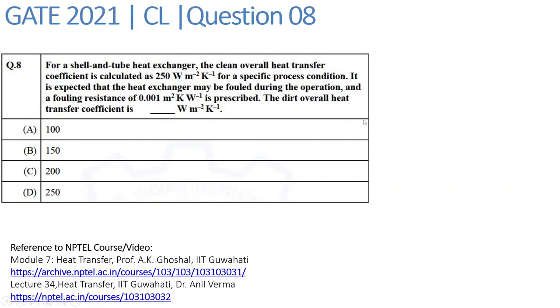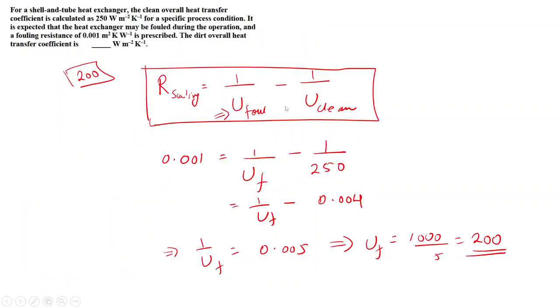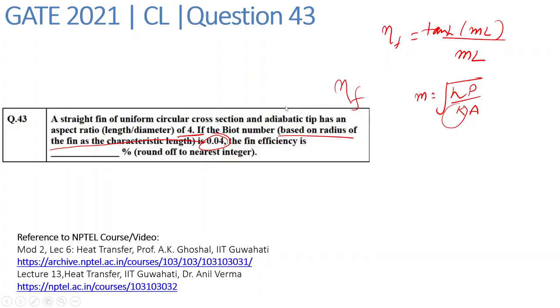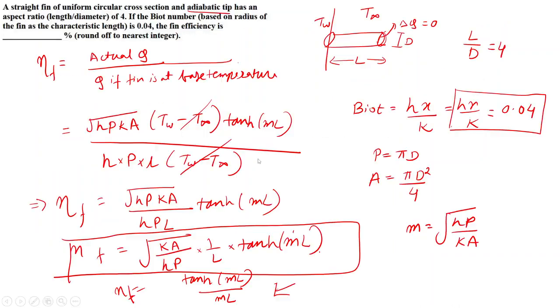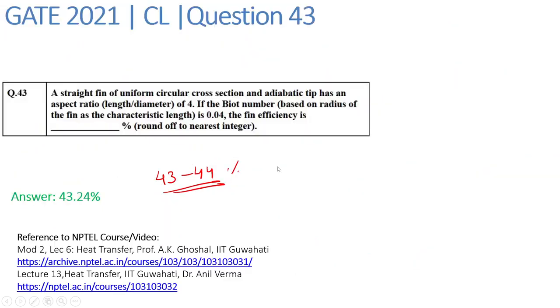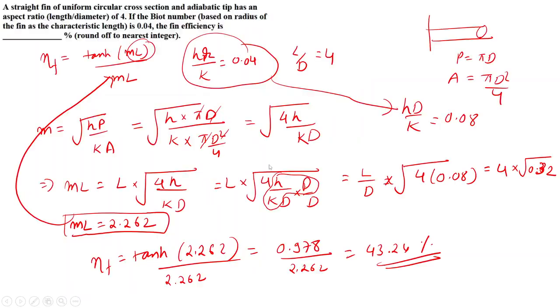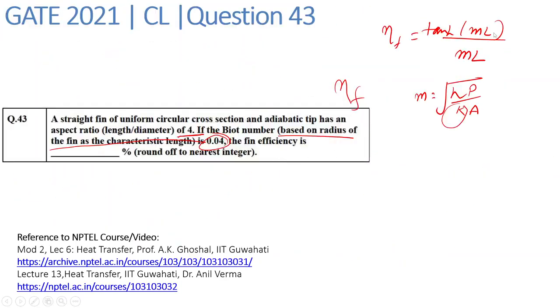This was a straightforward equation that was to be used. In the third question, we had to find the fin efficiency for a fin with circular cross section. You can just straight away remember this formula for fin efficiency, tanh(ml) upon ml.